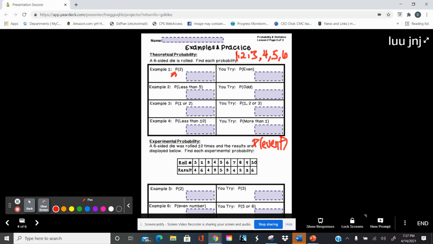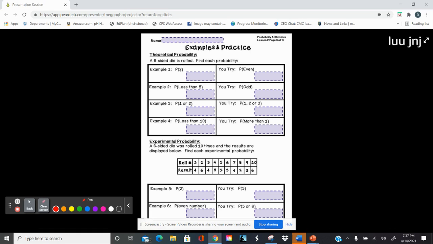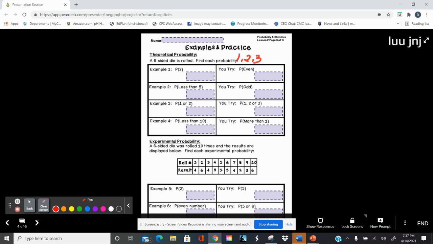Okay, so in the situation that we are dealing with right now, they want to know what is the probability that we would roll the number 2 if we were rolling a die. Now, what we need to figure out is how many 2s are on the die. When we wrote our numbers out up here, how many 2s do you see?